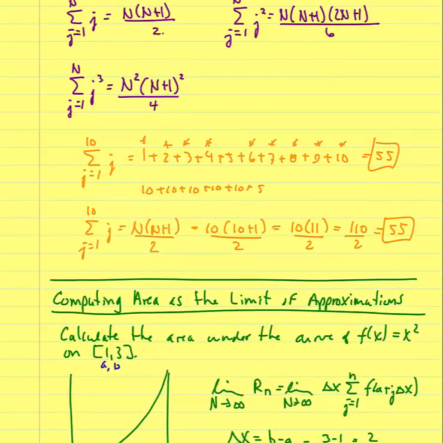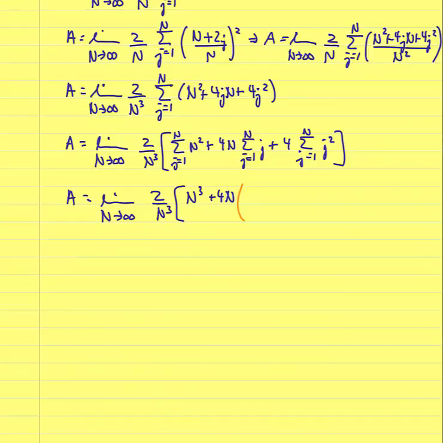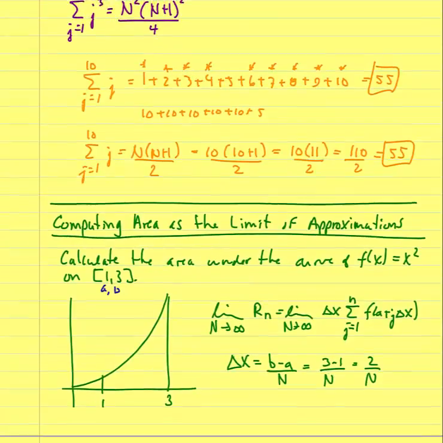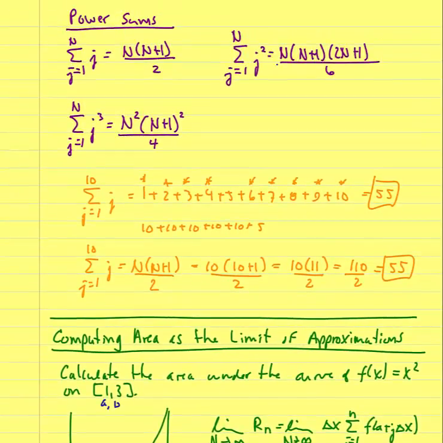It's n times n plus 1 over 2. So this is n times n plus 1 over 2 plus 4, and then I need the formula for the sum of the j squared, which is n times n plus 1 times 2n plus 1 all over 6. And then I can close my bracket. And again, that sum of the j squared came from right here. n times n plus 1 times 2n plus 1 over 6.